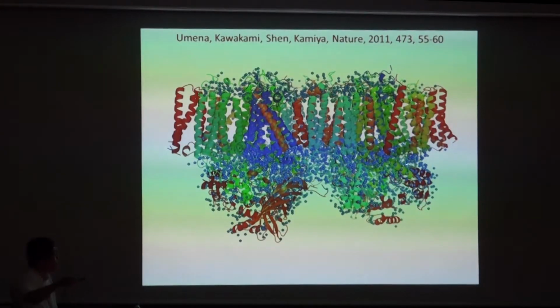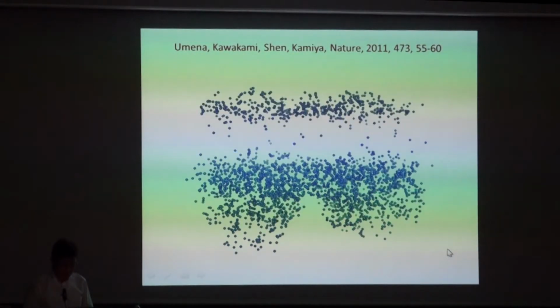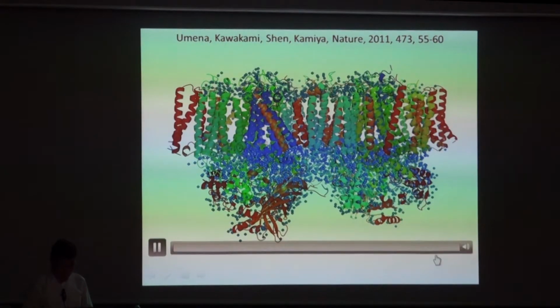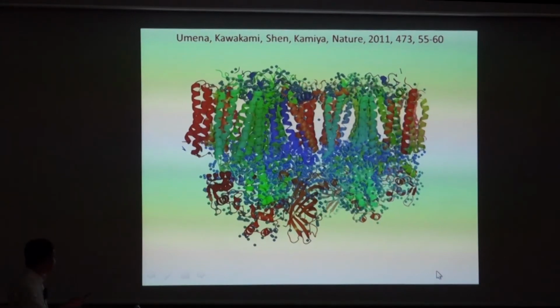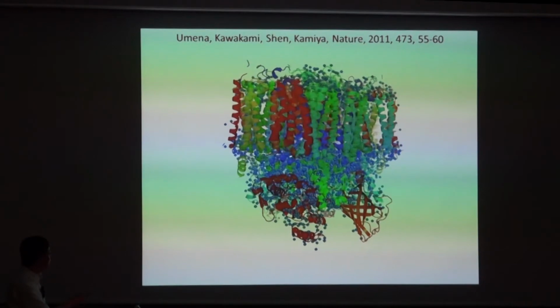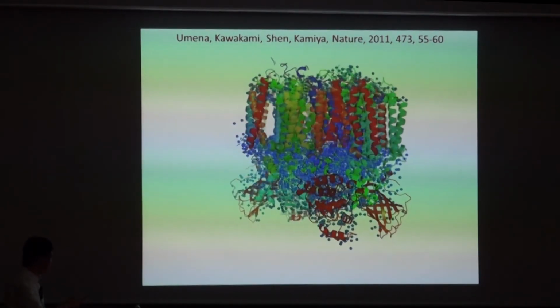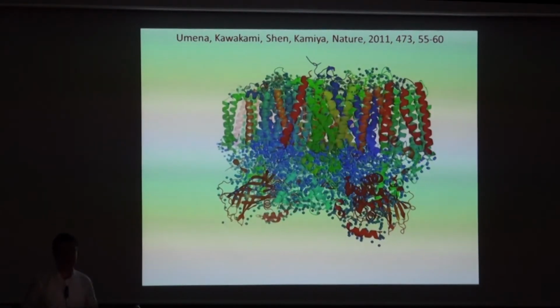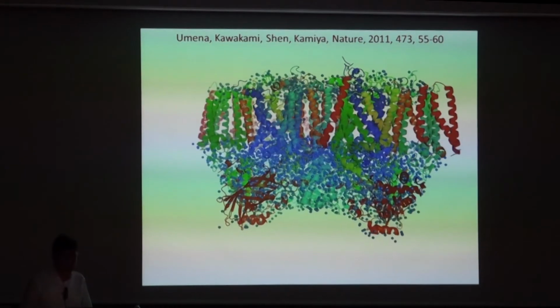And this is looking from the side of the membrane. This region is the transmembrane region. You can see this is the outside surface of the membrane, and this is the inside, which we call the luminal side surface of the membrane.